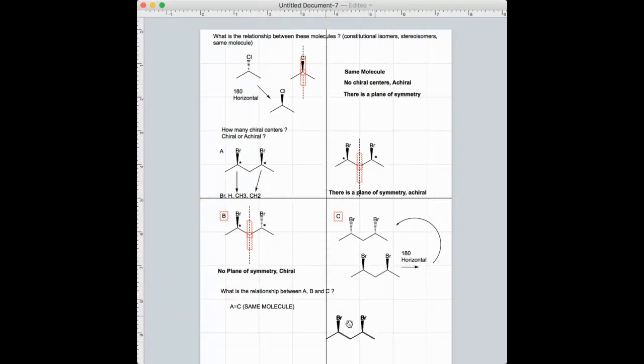I don't need to do the vertical flipping, okay? If I try to superpose, I see the left bromine matches, the right one doesn't match, because one is coming toward you, one is going away from you, so they don't superpose.